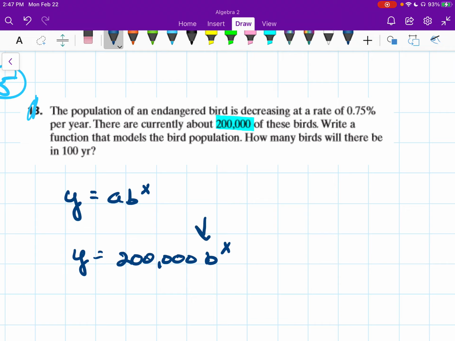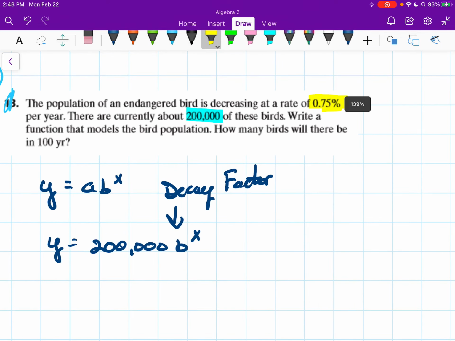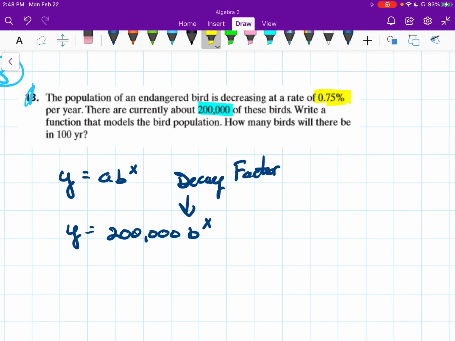Now b is going to be our decay factor. It's going to be how fast are we decreasing? How fast are we getting smaller? Now, this is where it's going to get a little bit confusing in my opinion. It's decreasing at a rate of 0.75%. For starters, we need to convert that 0.75 into a regular number.